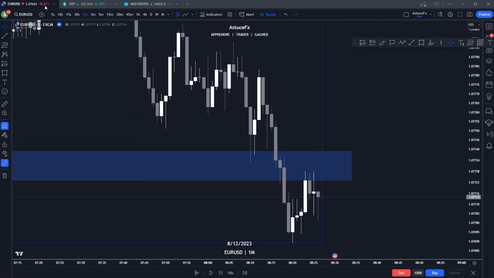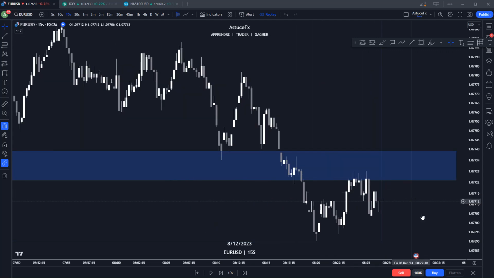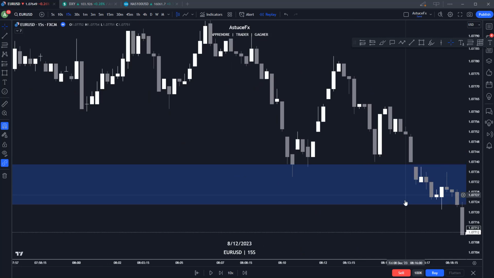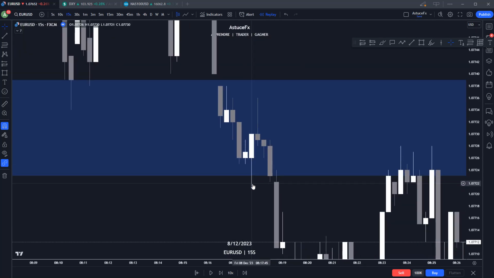And then when I go to the lower time frame, like the 15 second, this is where I usually get most of my entries. When I zoom in here, we can see this is a bullish candle before a bearish move to the downside. So this one technically is also at a breaker.